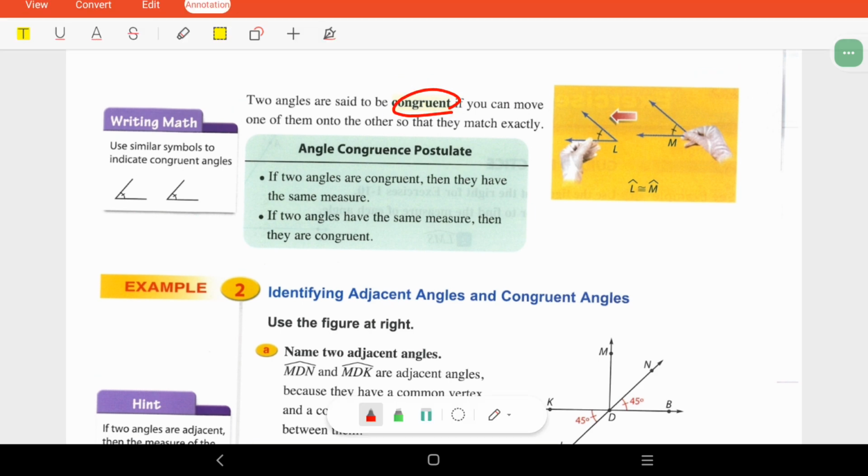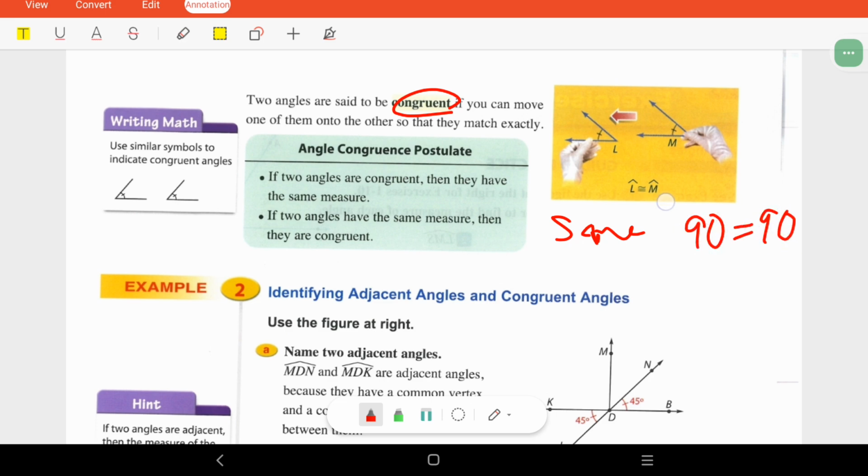Whenever we talk about congruent angles, we mean that the measures are exactly the same. What's the difference between same and congruent? Same is like when we use numbers. Let's say I say 90 is the same as 90. That means equal.